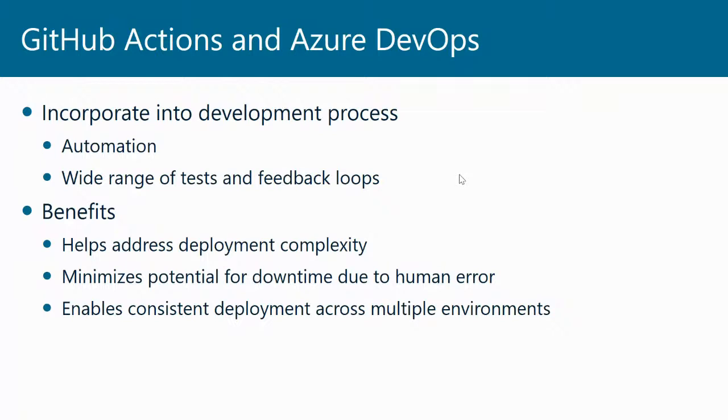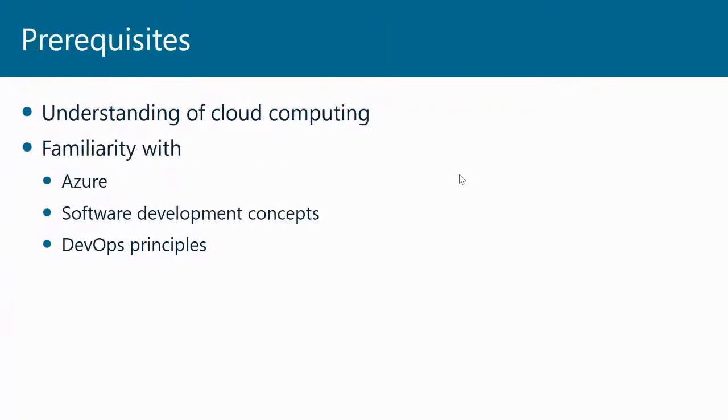As complexity rises, the likelihood that things go wrong rises as well. And so to address that, you want to have more formal processes for doing some of these steps of integration and deployment. And the benefit of this is it enables a consistent deployment across multiple environments as well.